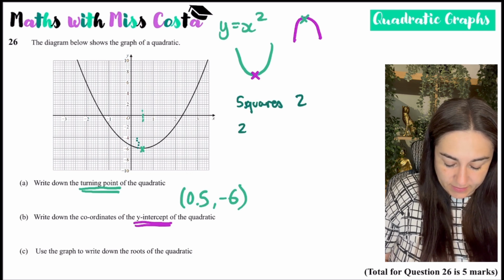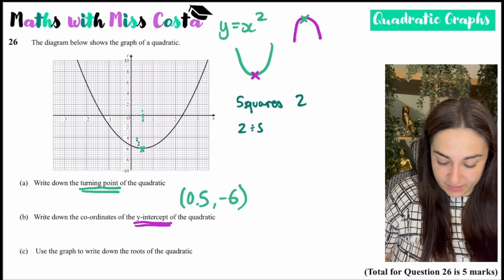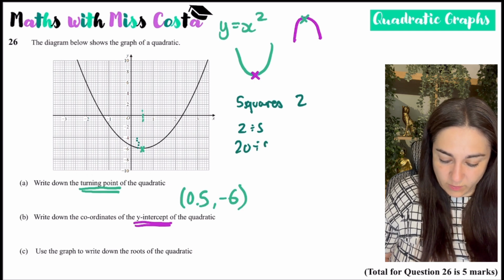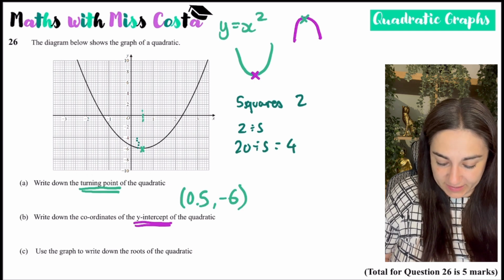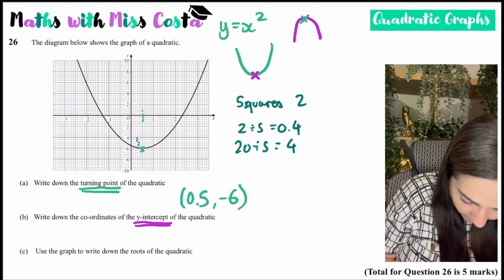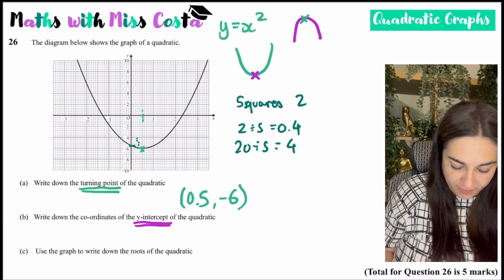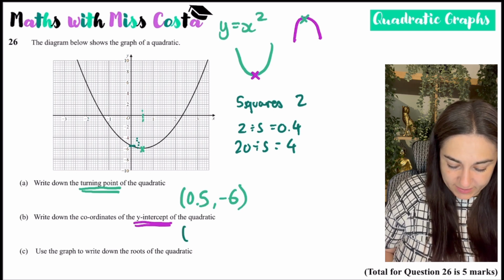So 2 divided by 5, you could imagine it's 20, 20 divided by 5 is 4, so 2 divided by 5 is going to be 0.4. So each little square is 0.4. So minus 6 take away 0.4 would be minus 5.6. So the coordinates would be 0, minus 5.6.